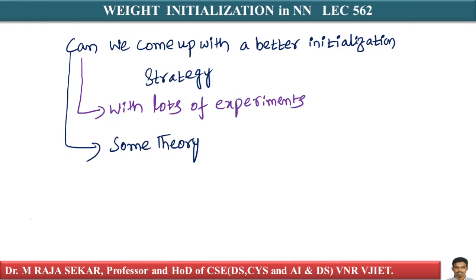So before we go into better strategies, let me explain a couple of terms. There is a term called fan in and there is a term called fan out. Fan in, fan out are very interesting variables. Let me explain them.